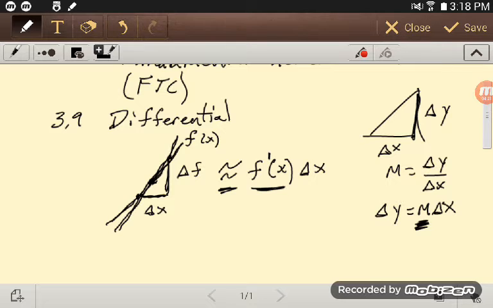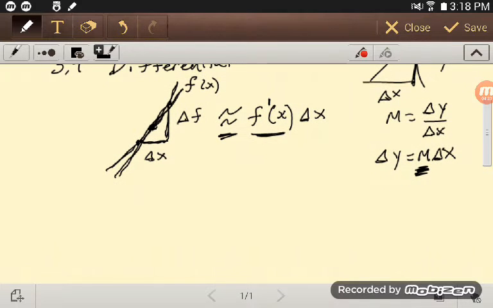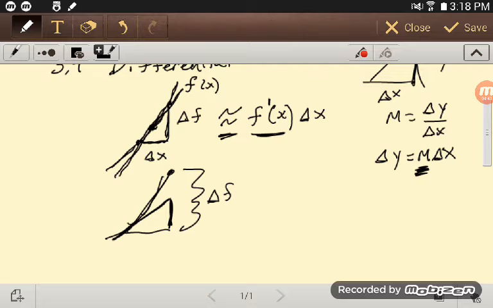Now if we blow it up and exaggerate a little more, there's my tangent line, there's my actual value of f, and that whole thing there is our change in f.